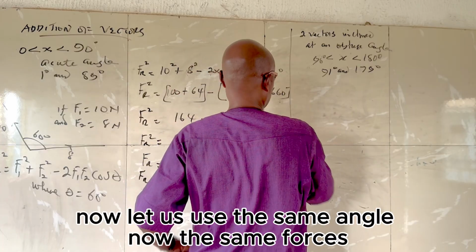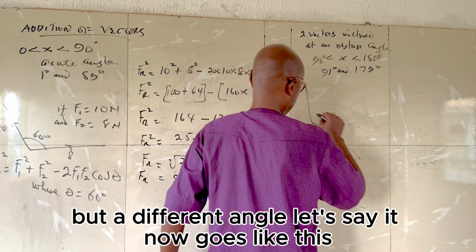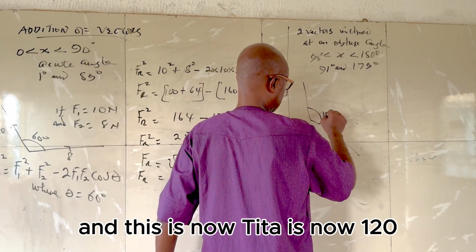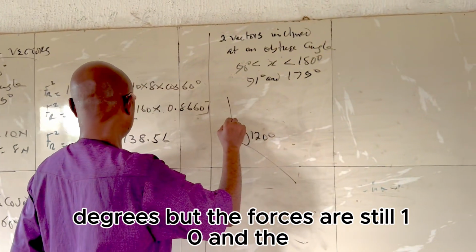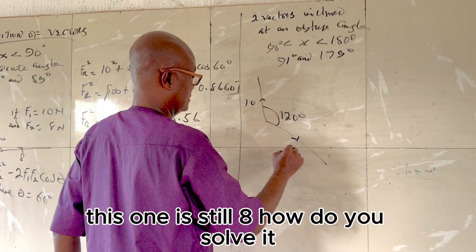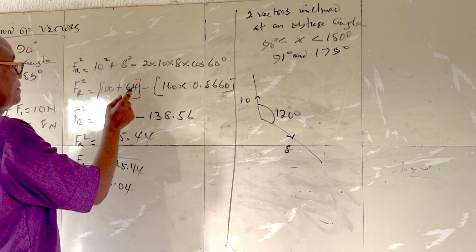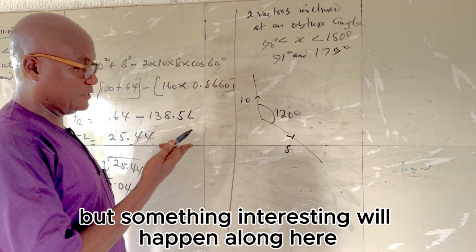Now let us use the same forces, but a different angle. Let's say it now goes like this, and theta is now 120 degrees, but the forces are still 10, and this one is still 8. How do you solve this? You use the same formula, but something interesting will happen along here.